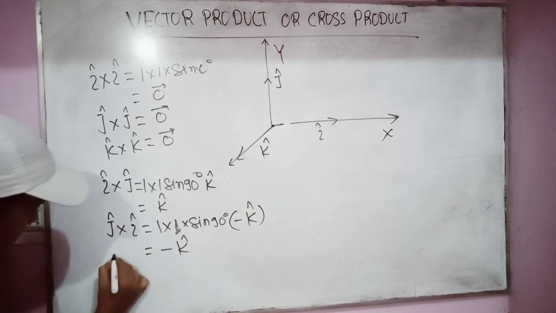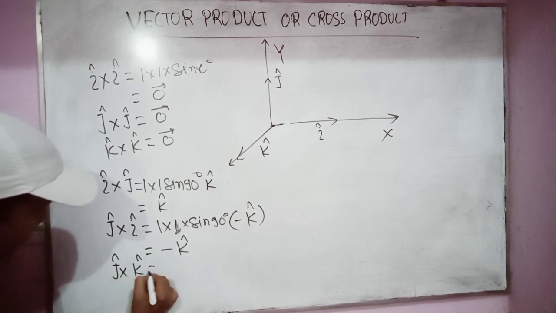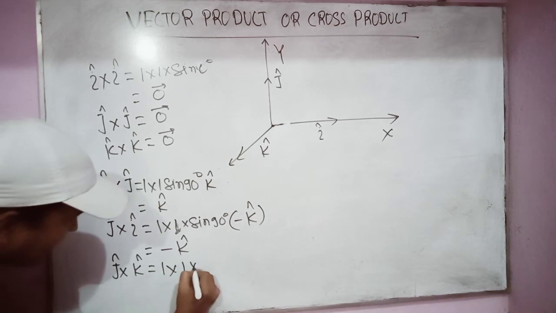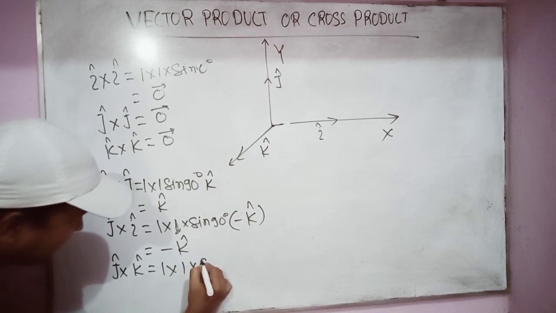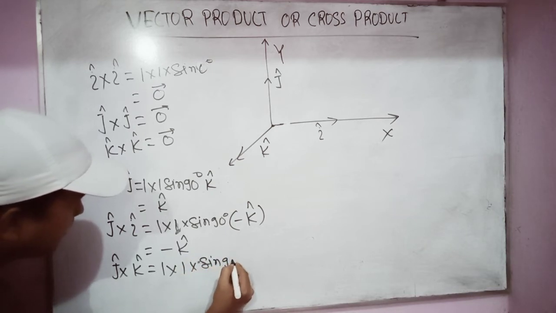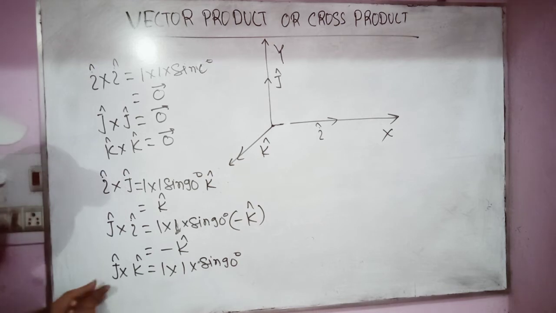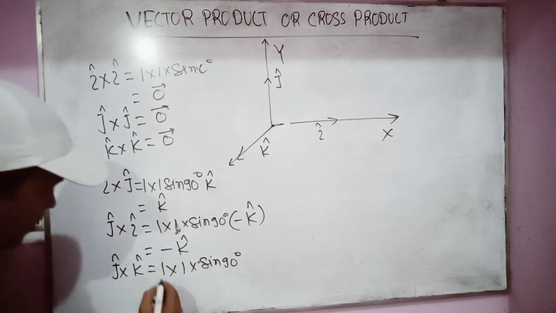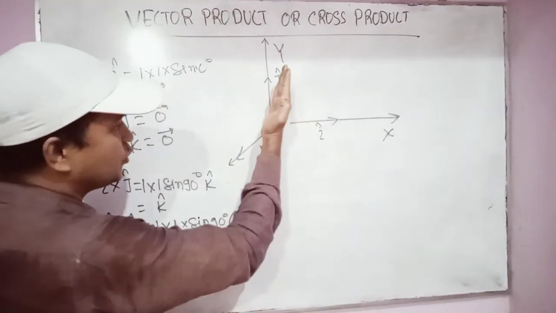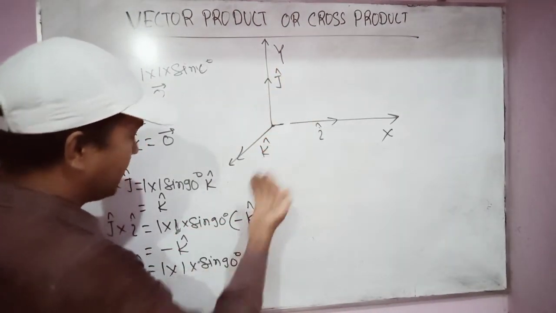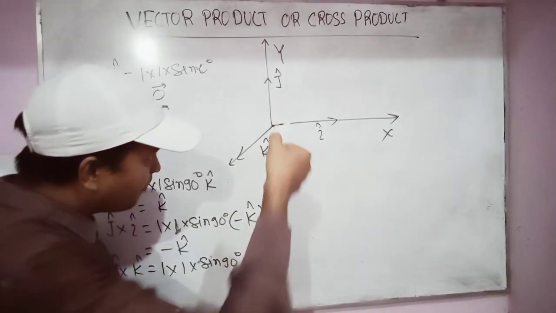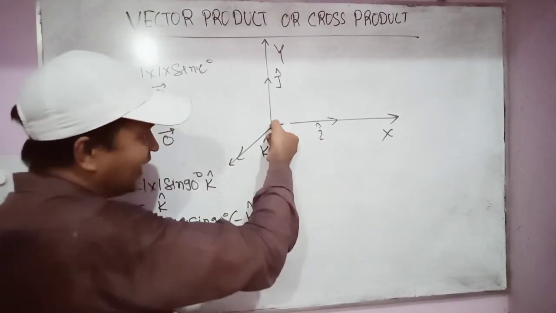what is j cap cross k cap? The j cap has magnitude 1, k cap has magnitude 1, and the angle between them is 90 degrees, so sin 90 degrees. And what is the direction? For j cap cross k cap, I place my four fingers along j cap and curl them around k cap. I have told you earlier that k cap is perpendicular to the board and coming out of it.